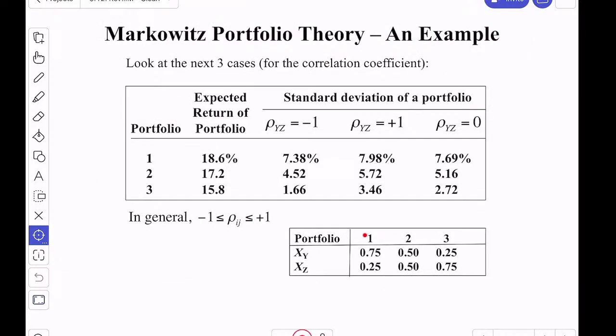So here are three alternatives for the portfolio. I could put 75% in Y and 25% in X. So what I need to do is consider these portfolios relatively speaking.